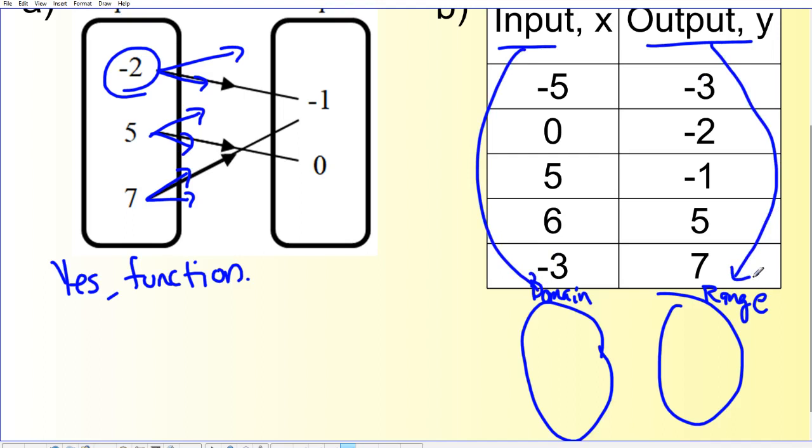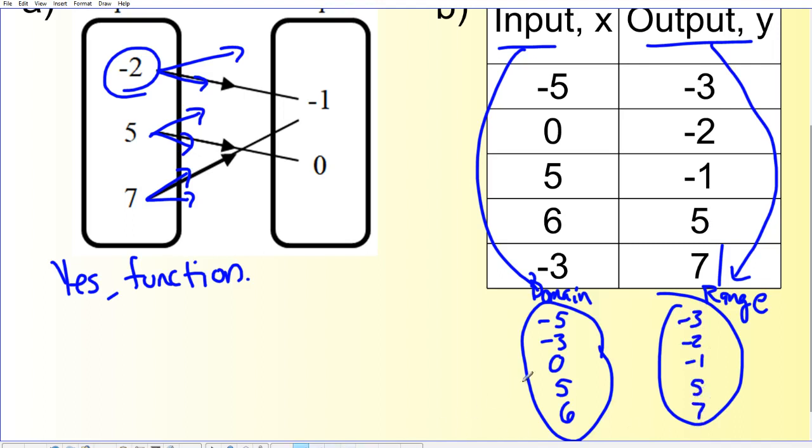It's the same thing. Now for the domain, I'm just going to write down my numbers here. The order doesn't usually matter. Most people put them in order from least to greatest. So I'll do -5, -3, 0, 5, 6. My range, I'm just going to list, again, these numbers here, in order from least to greatest, which it looks like it already is. So -3, -2, -1, 5, 7.